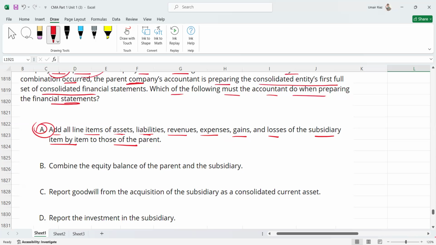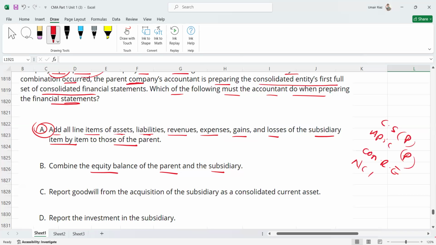B, combine the equity balance of parent and subsidiary. No, when we prepare consolidated financial statements, we show equity of the parent only. Okay, I told you at the start, we show parent's common stock, parent's additional paid-in capital, we show consolidated retained earnings, and then we show the NCI value.